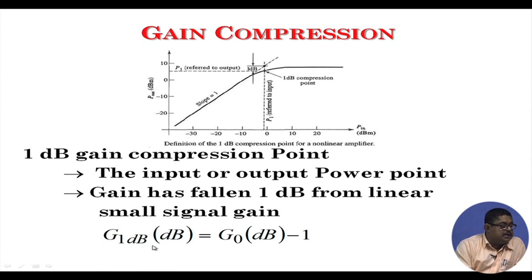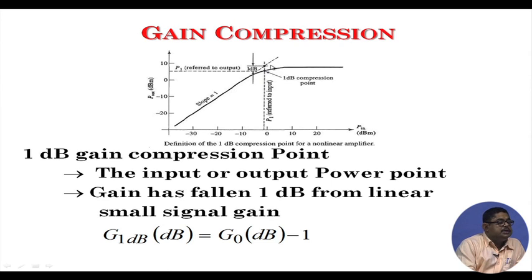So, in mathematical terms we can write that G at the 1 dB gain compression point, that means here G in dB scale, is 1 dB less than this point's power gain. This point's power gain is the linear one, so from that it has fallen by 1 dB.